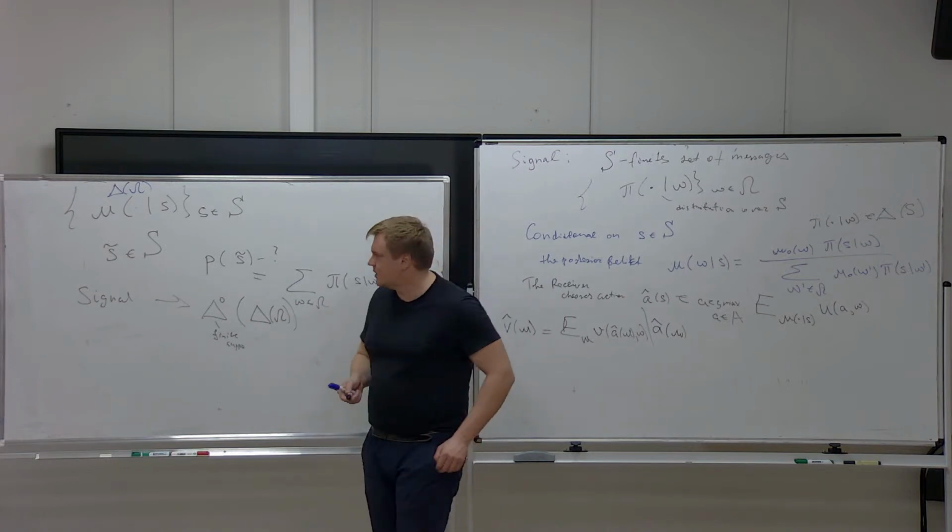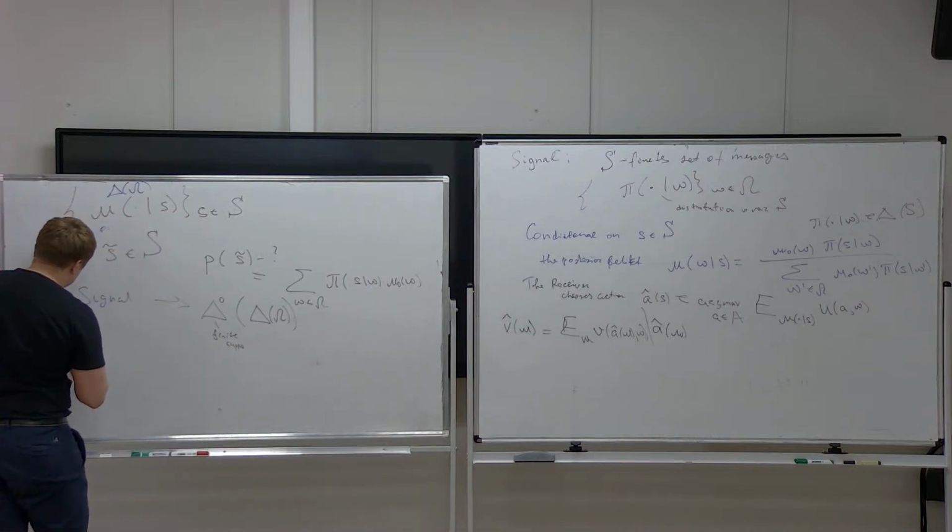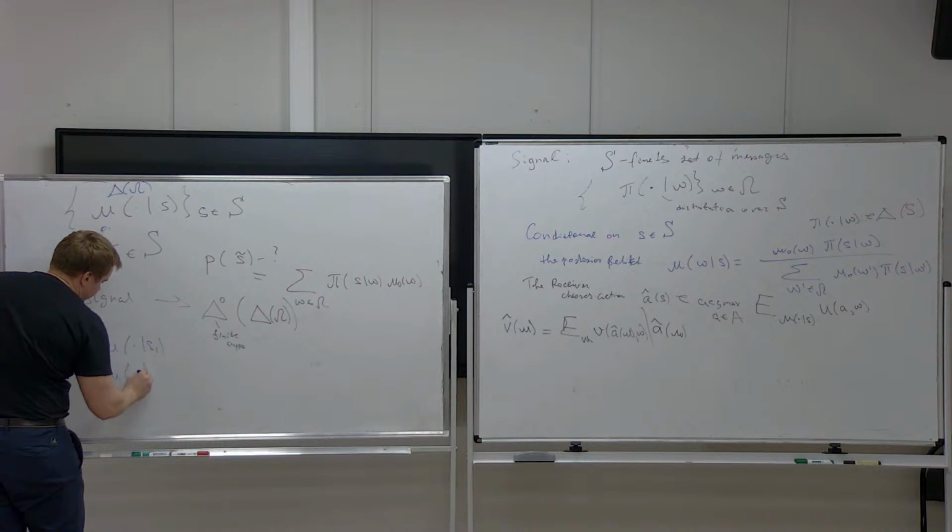For example, say I know with probability 10% I will get mu conditional on S1, with probability 20% I get mu conditional on S2, and with probability 70% I'll get mu conditional on S3.